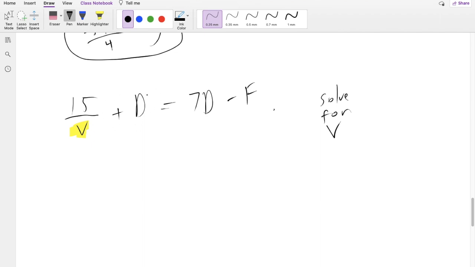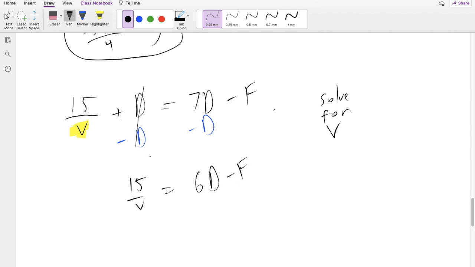So I want to get rid of this d first. I'm going to subtract d on both sides. Notice this time I actually have like terms of d that I can simplify with. So the d's on the left side cancel, leaving me with 15 over v equals 7d minus d, which gives me 6d minus f.